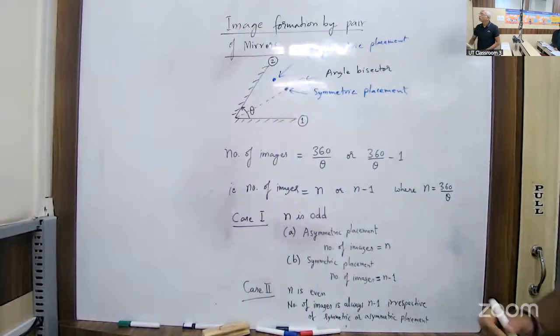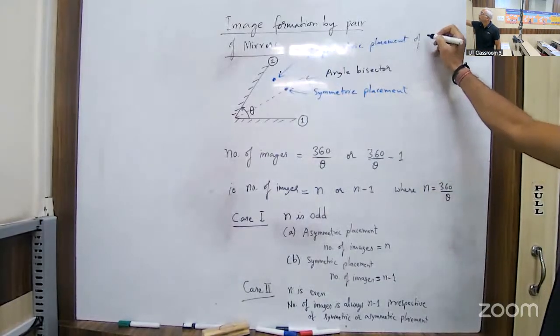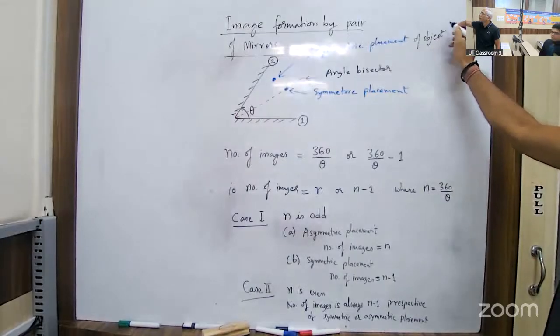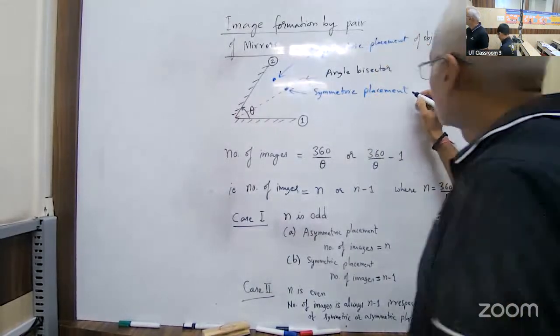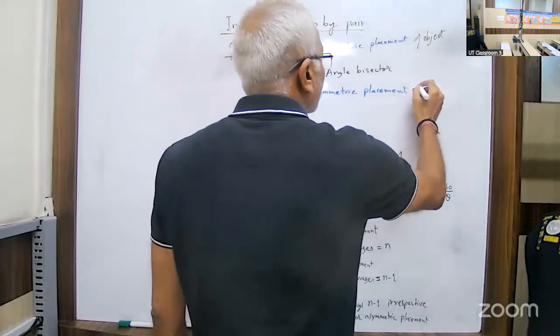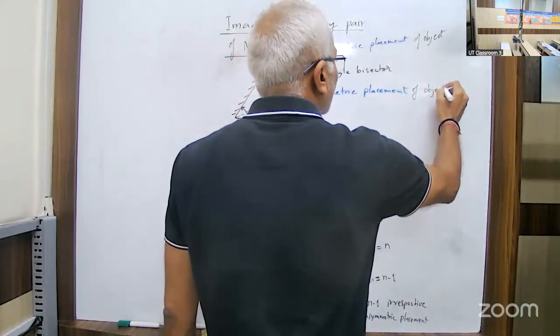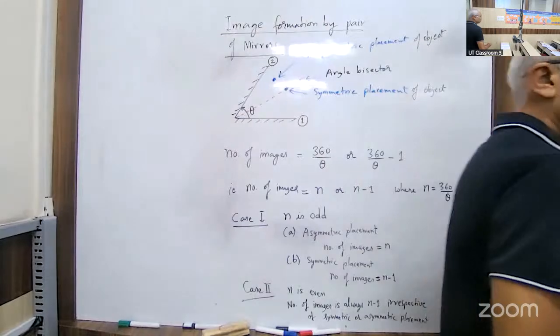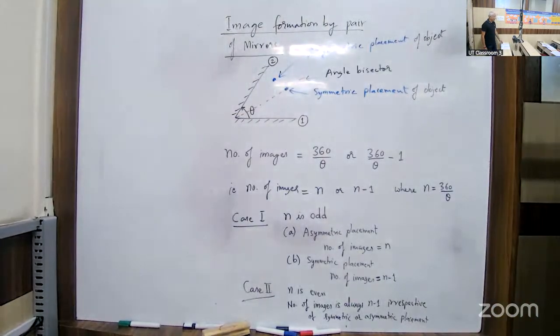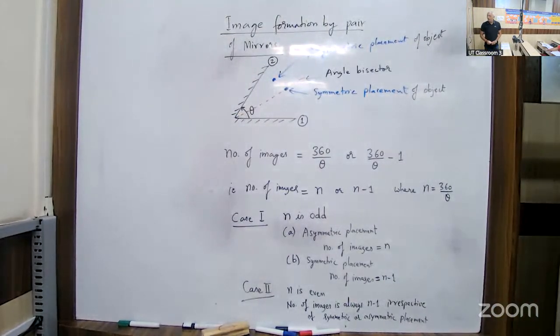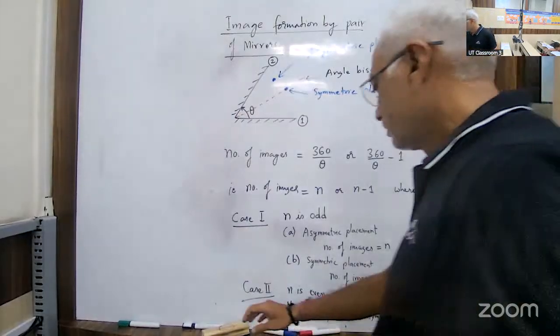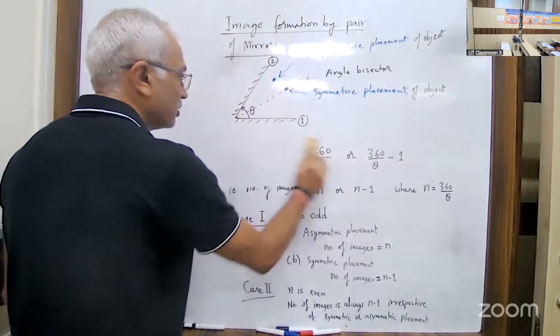ये क्या है तुम्हारा? ऑब्जेक्ट. ऑब्जेक्ट है. ठीक है, अब हम एक एग्जाम्पल लेते हैं.